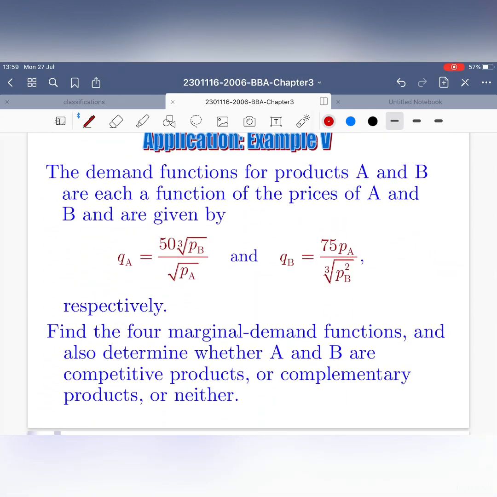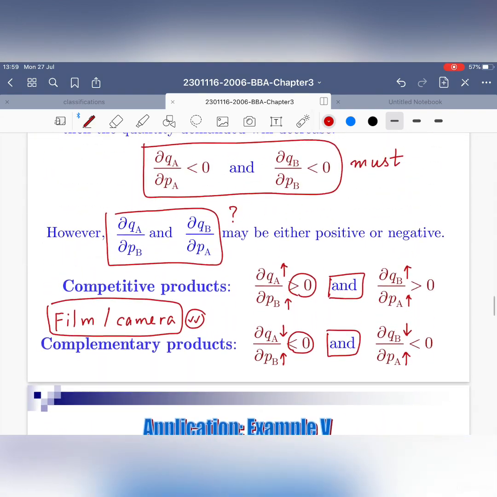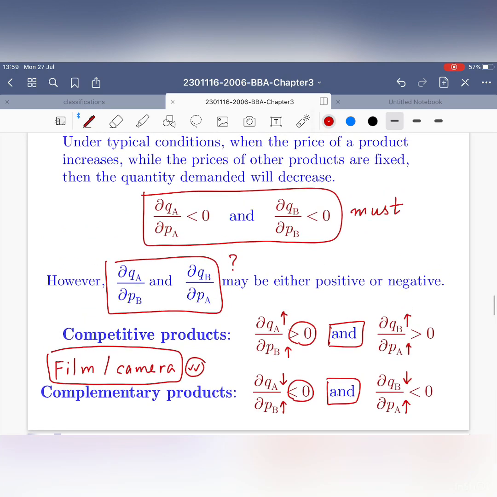All right, so for example, let's look at this. Of course, if it is something else, for example, if you got the QA with respect to PB is positive, and the QB with respect to the price A is negative, or the other way around, if they are in a different direction like this, we'll say that your A and your B have no relation.